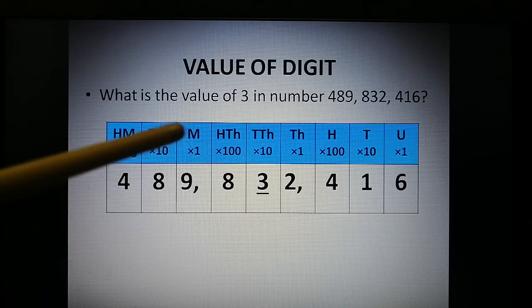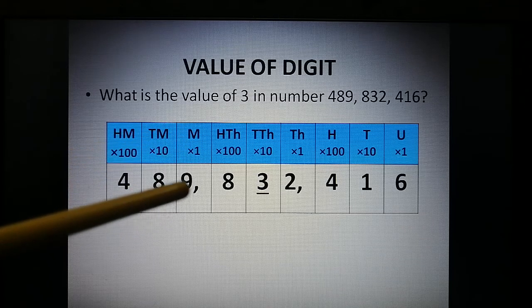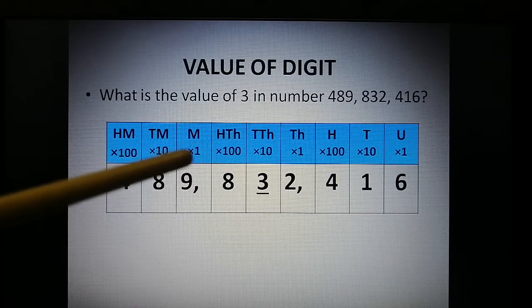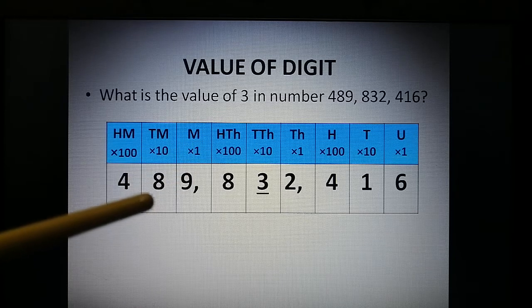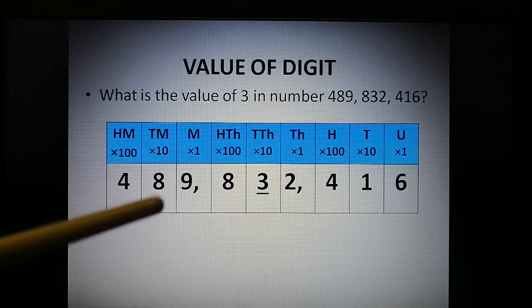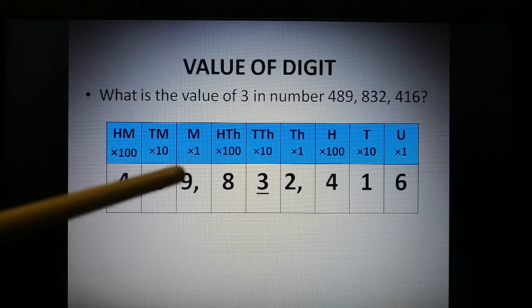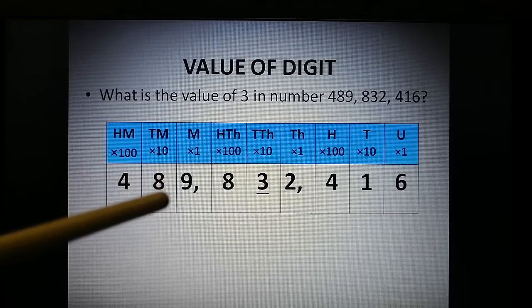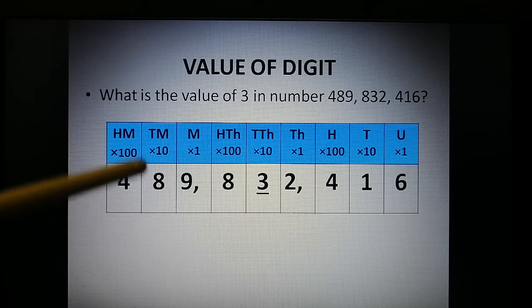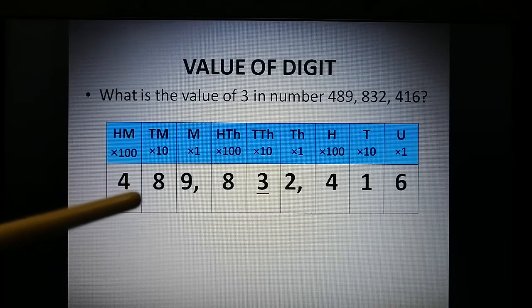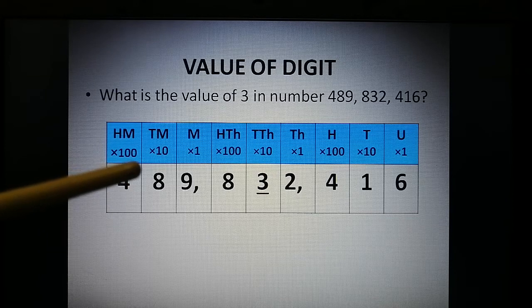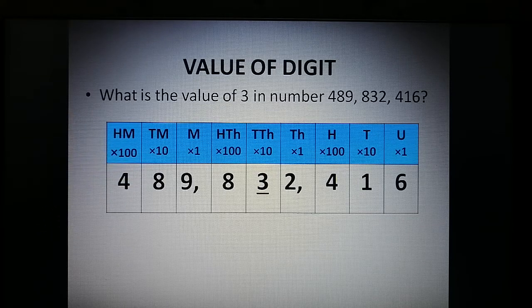The place of 9 is million, but the value of 9 is 9 multiplied by 1 million, means 9 million. The place of 8 is 10 million, so the value of 8 is 8 multiplied by 10 million, 80 million. The place of 4 is 100 million, but the value of 4 is 4 multiplied by 100 million, 400 million.